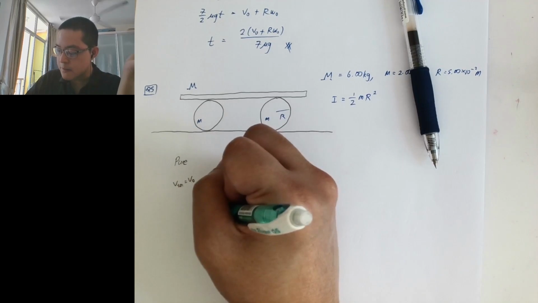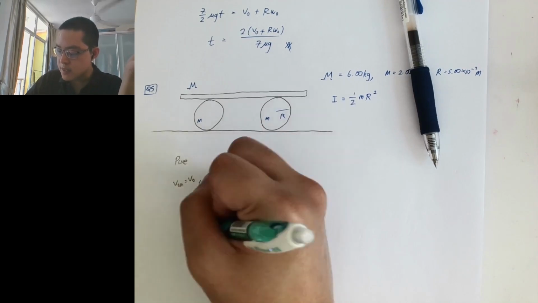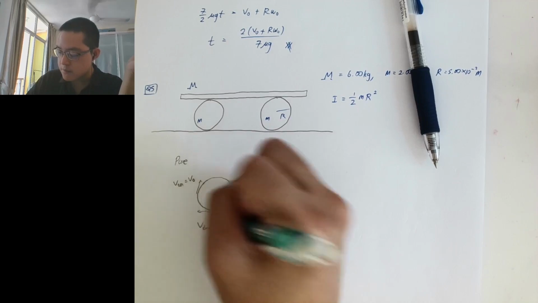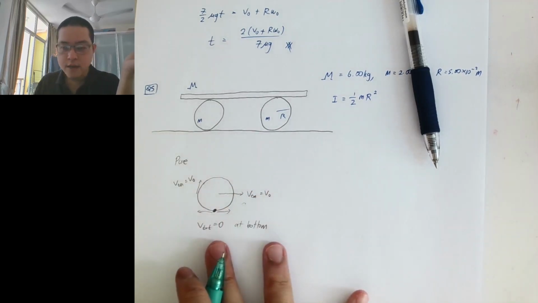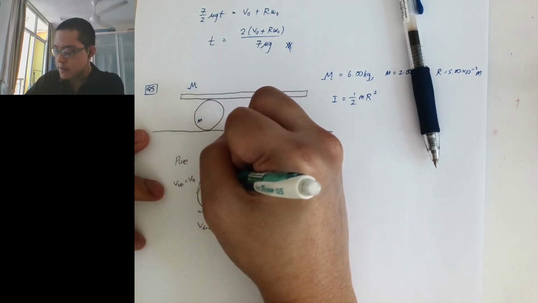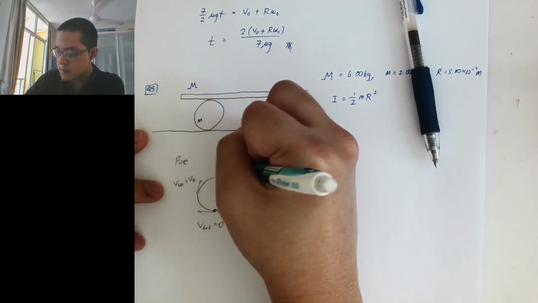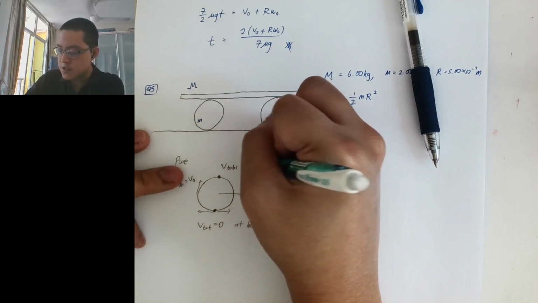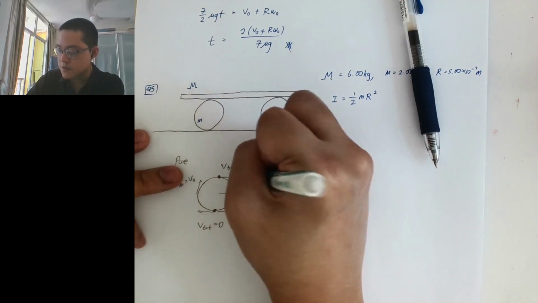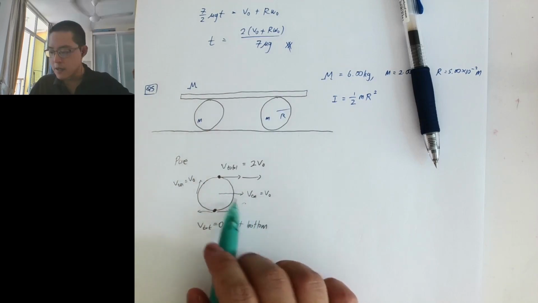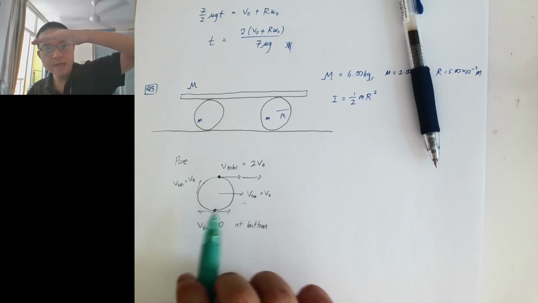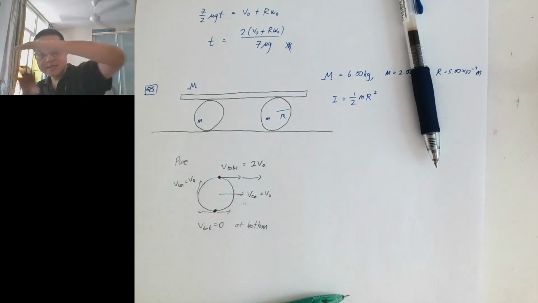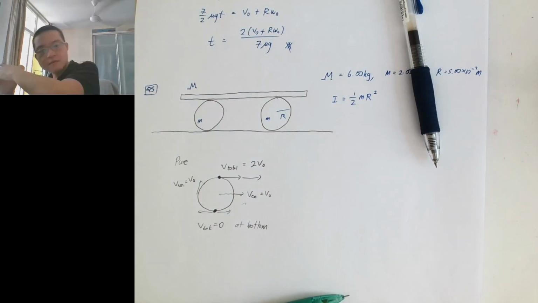So when it comes to the bottom, these two velocities will cancel each other. But at the top part, the V total is twice the velocity, because it's a vector sum. When the wheel is at the top, the instantaneous velocity is V, but at the same time the center of mass is going to the right also at V, so the result is 2V. Do you agree?